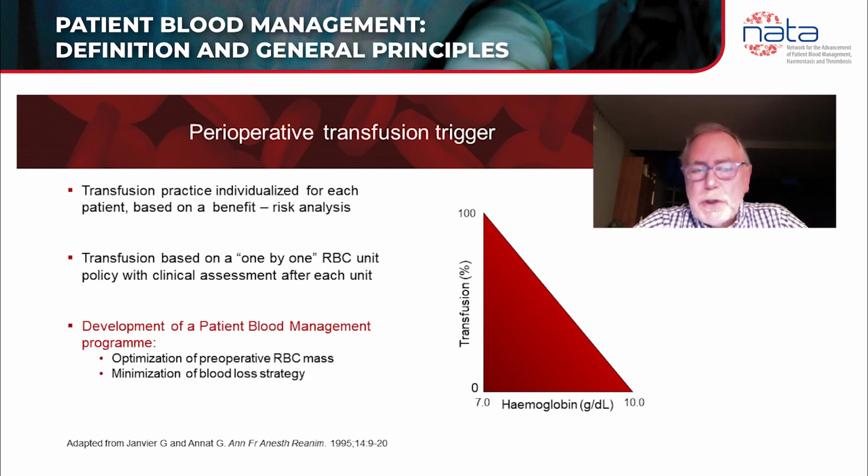This transfusion practice should be integrated in a patient blood management program that will also include the optimization of preoperative red blood cell mass and a strategy aiming at minimized blood losses.